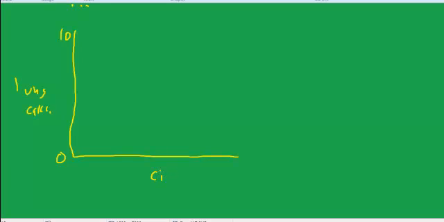And then cigarettes per day on the x-axis, and I don't know what's the most anyone would smoke. 200 a day? That would be 10 packs a day or something. That'd be pretty big. And then we just have a bunch of points, you can just put some random points. I assume it's kind of downward sloping, and I'll make it up as being linear.